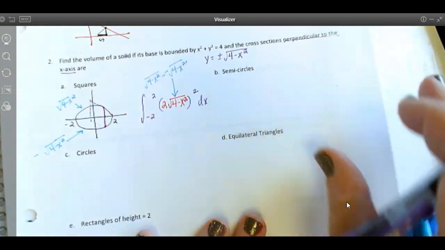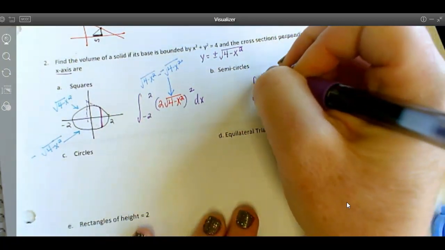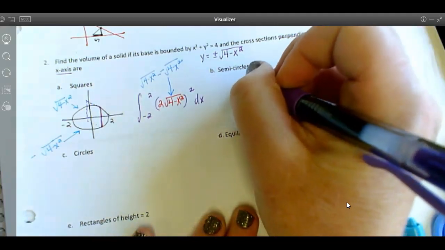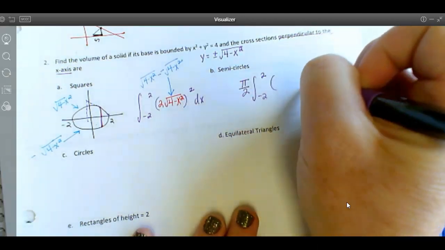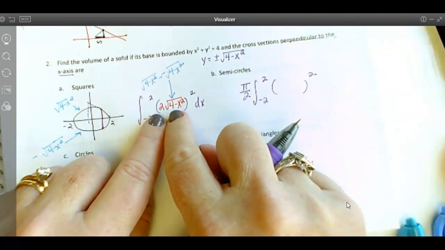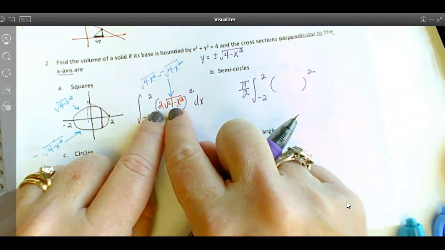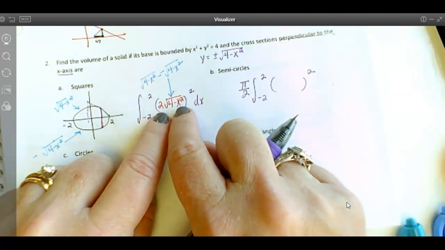So now when I do the semicircles on the same picture, it's still -2 to 2. I know there's going to be a pi over 2 and then an r squared. Well, this is the length of the whole side. So if I'm trying to find r, I'm going to divide that by 2.